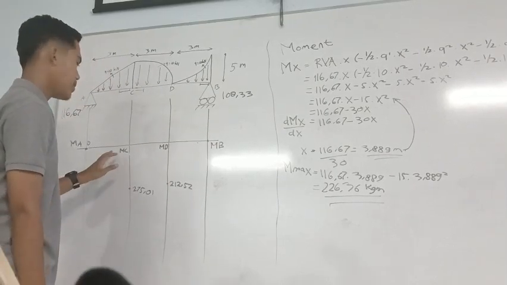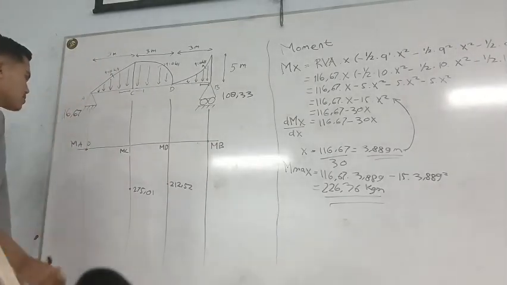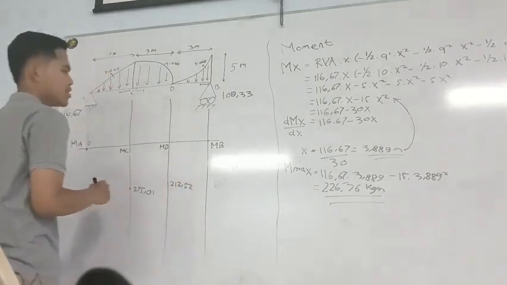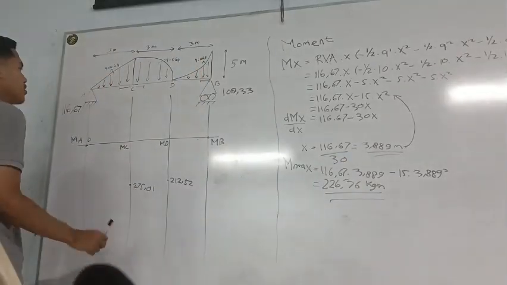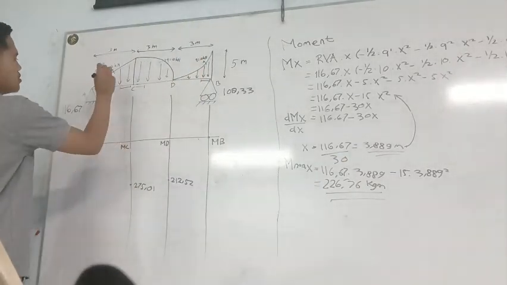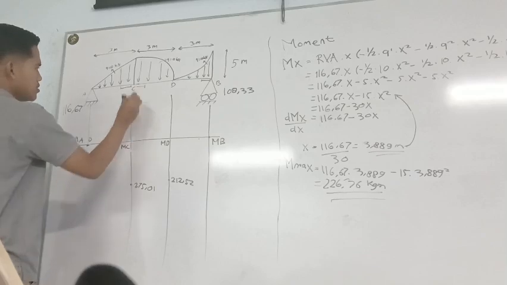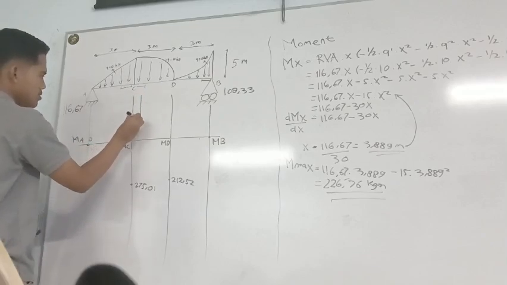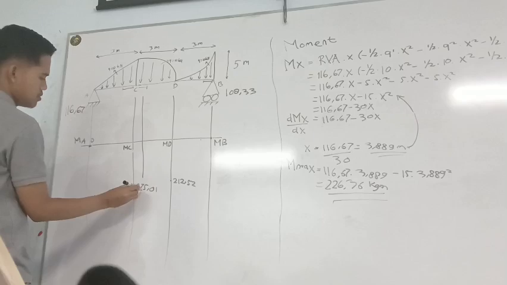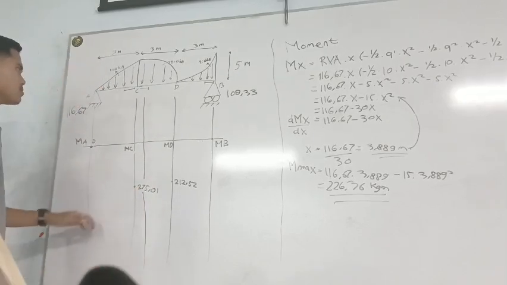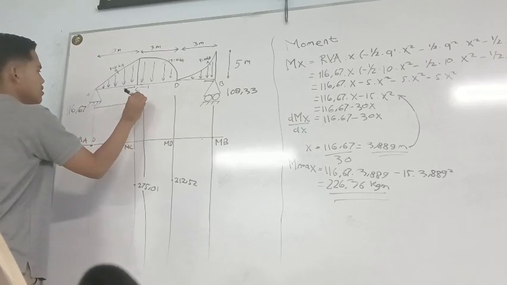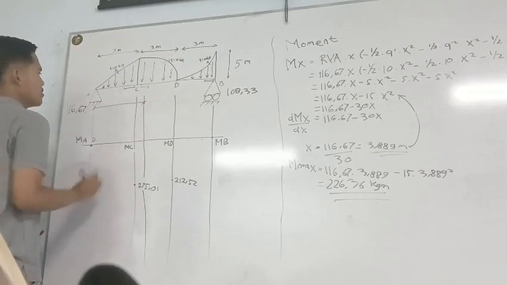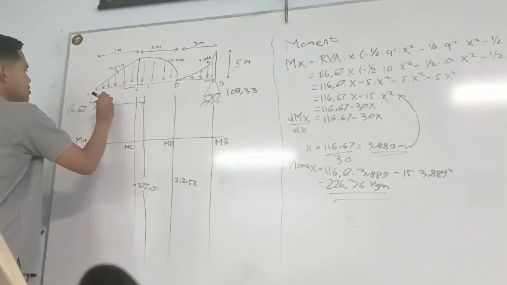And then the Mx. First, we need to know the distance. The distance is 3.889, so it must be in here. This is 3.889.